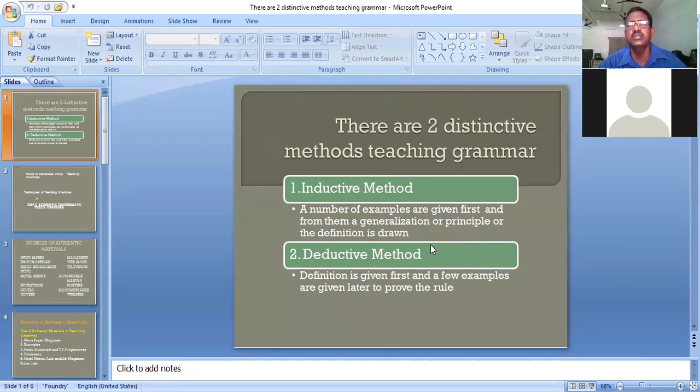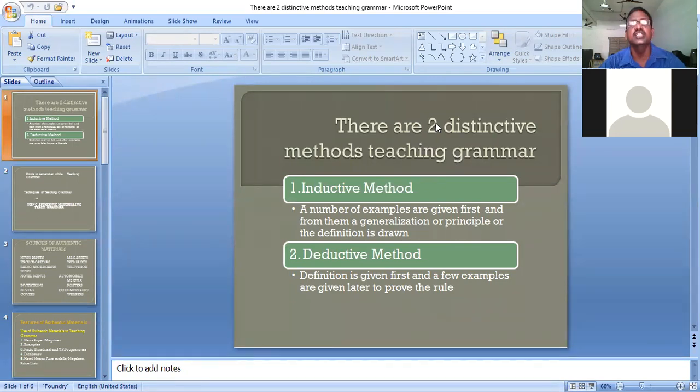In this way we generalize that the subject is a third person, and we are using the be verb and the noun. In this way we generalize the rule, infer the rule from some examples. That is what the inductive method is.